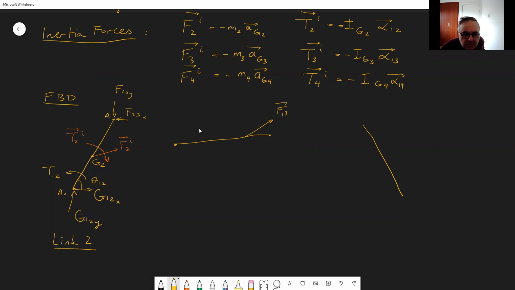F13, I think. That makes an angle of phi. Now F23 is again F23, but it's in opposite directions. So this is F23x and y.